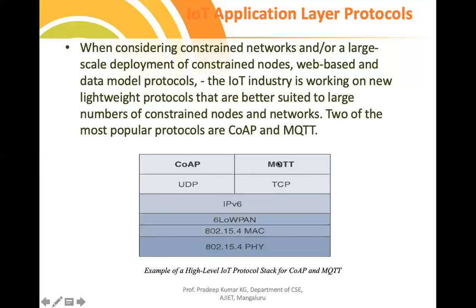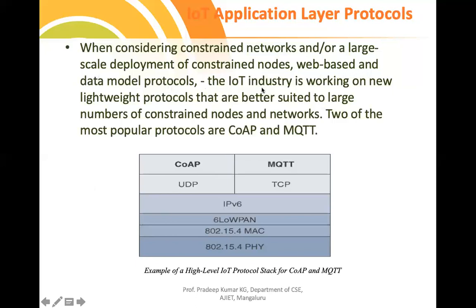So now coming to the IoT application layer protocols, there are two dedicated application layer protocols that IoT can use. For constrained nodes, for constrained setups, we can have CoAP, the constrained application layer protocol, and MQTT. We'll see these two in detail. When considering constrained networks or large-scale deployment of constrained nodes, we have web-based and data model protocols.